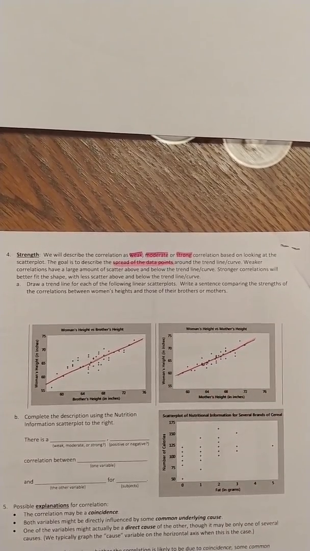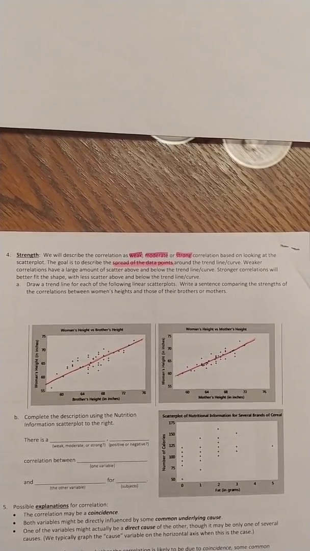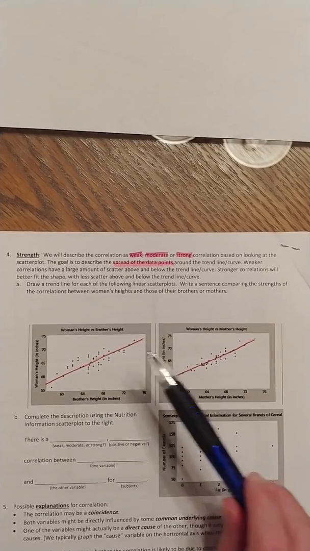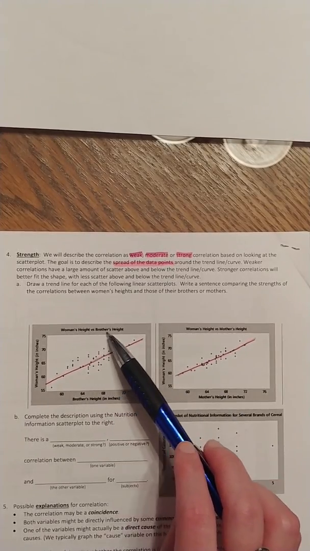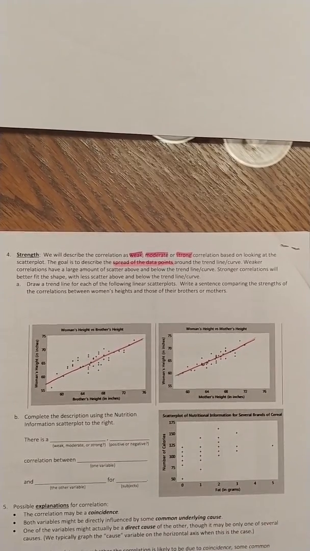All right, and then if we look at our two graphs here, this is the woman's height versus the brother's height, and this is the woman's height versus the mother's height. What could we say about the strengths of the correlation?